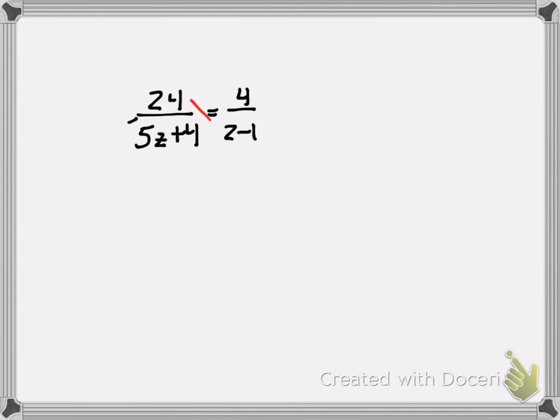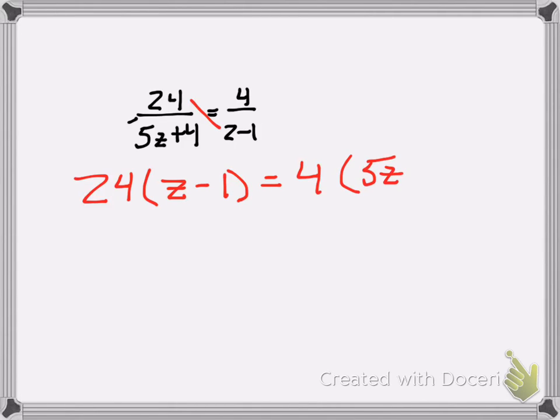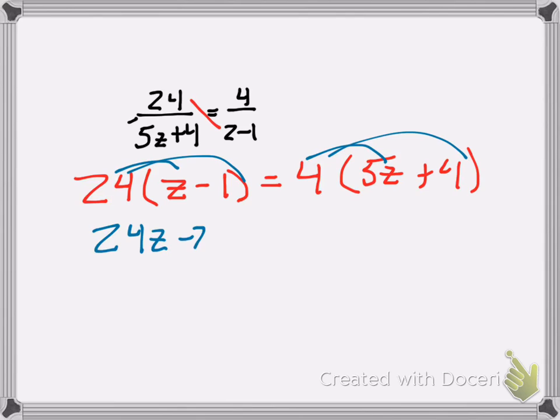Similar type problem. On the left side, I get 24 times z minus 1. On the right side, 4 times 5z plus 4. I can now distribute on both sides. So on the left, I get 24z minus 24 equals 20z plus 16.